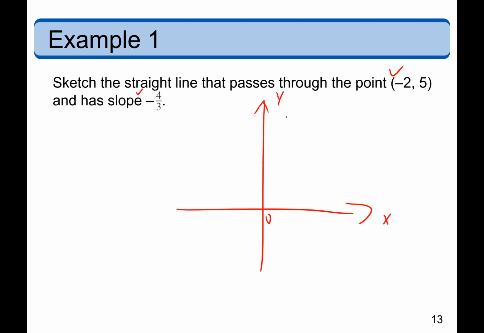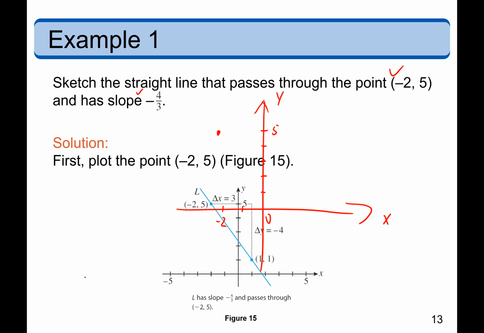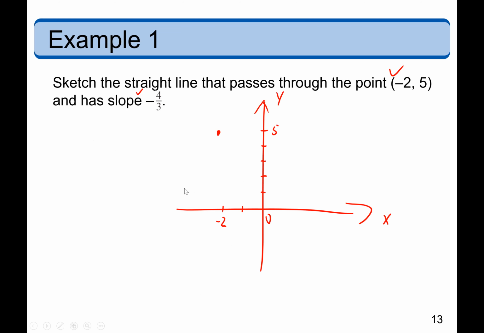So the point -2, 5 is located on the second quadrant. So this is -2. 1, 2, 3, 4, 5. So we are starting with this particular point.